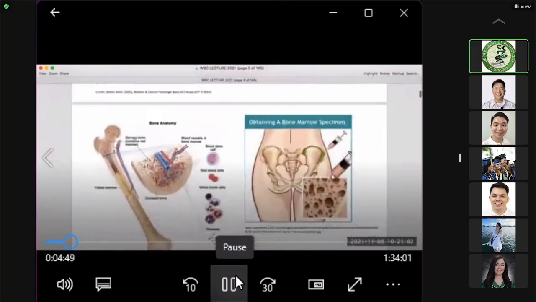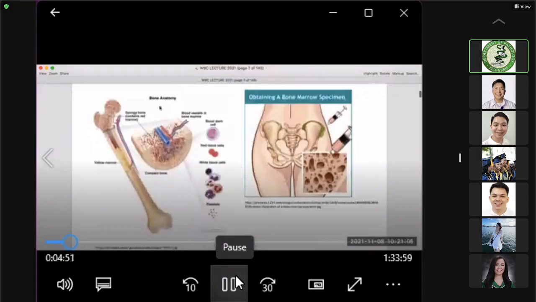Okay. Let's look at the bone anatomy. So you can see here a picture or diagram showing us the components of the bone. So this is a long bone. You have the yellow marrow over there. We have the spongy bone that contains the red marrow.